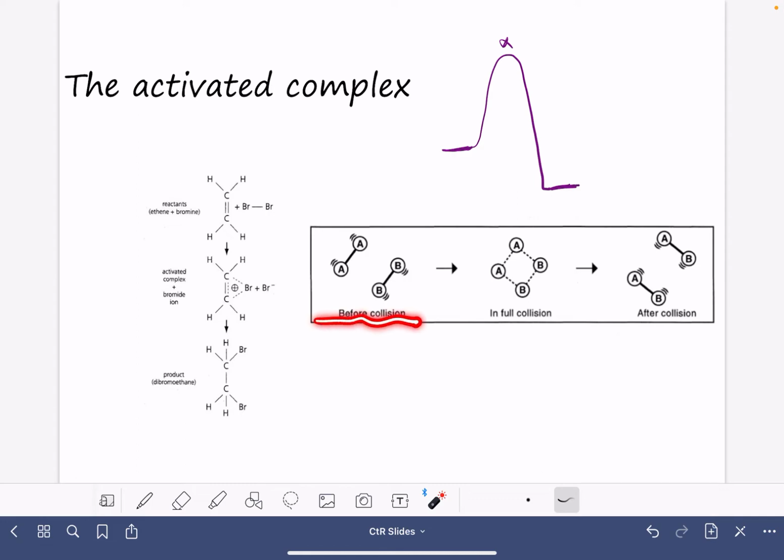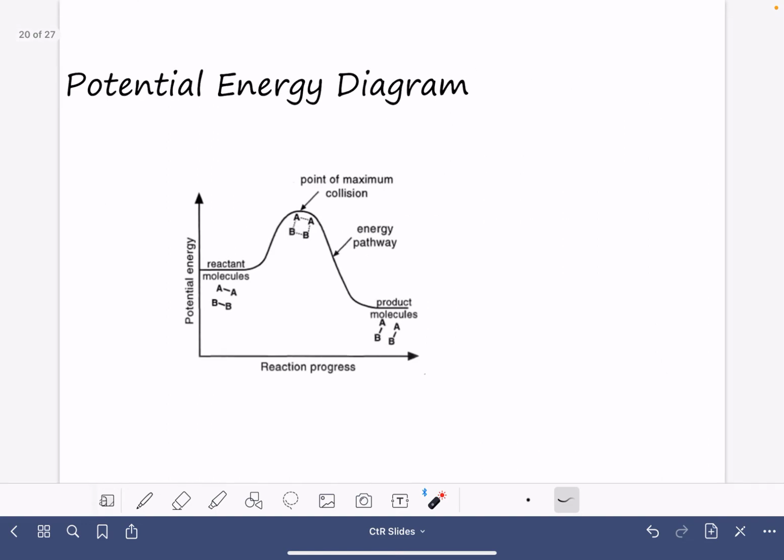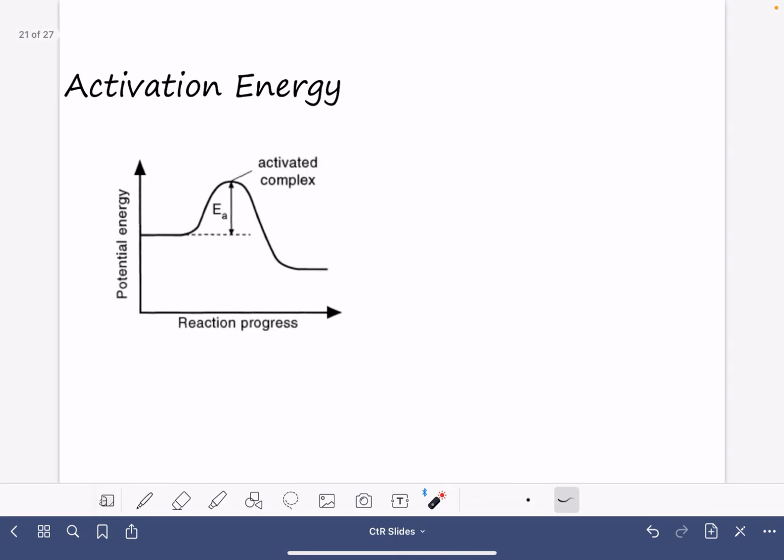So this is what we're looking at here. Before the collision, we've got separate molecules about to collide. And then if they collide with enough energy, we can break this bond, and we can make this bond and this bond. And if that happens, then we get two new molecules at the end. So putting those different molecules onto the potential energy diagram, we can see that at the point of maximum collision, we've got the activated complex, that high energy state.